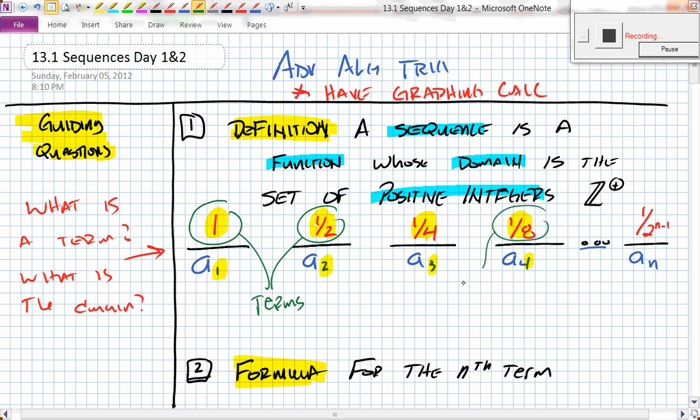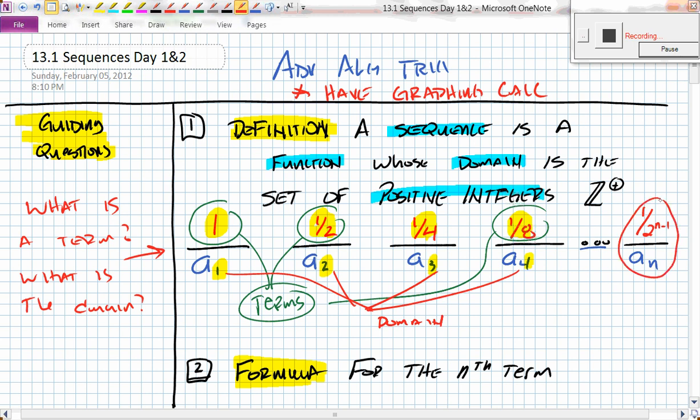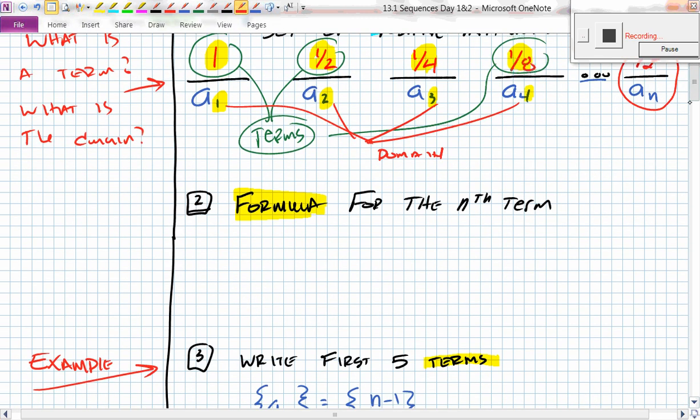Very good. 1/8 is the fourth term. These are all called the terms. These parts down here, the 1, the 2, the 3, the 4, those are the domain values. And then, of course, we finally have the nth term way out on the end there, continuing in that fashion. So if I had 20 terms, I would write the sequence out 20 times, and that would be my sequence of numbers.